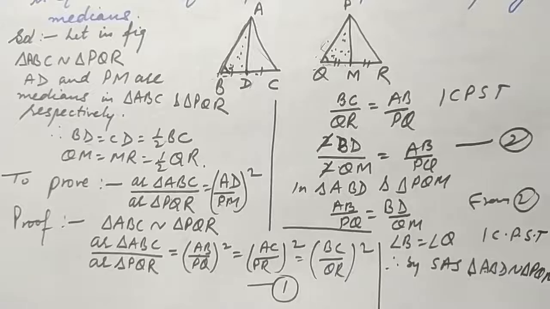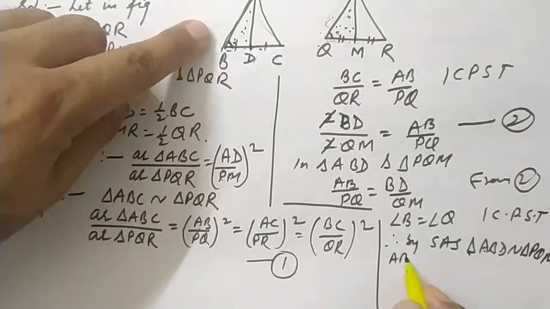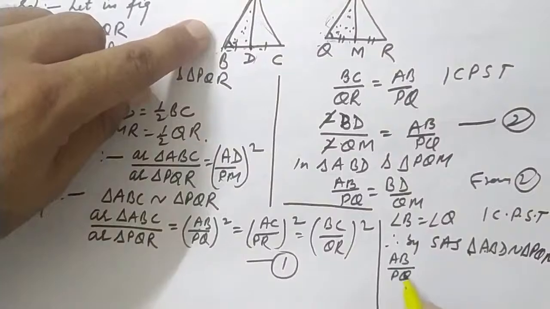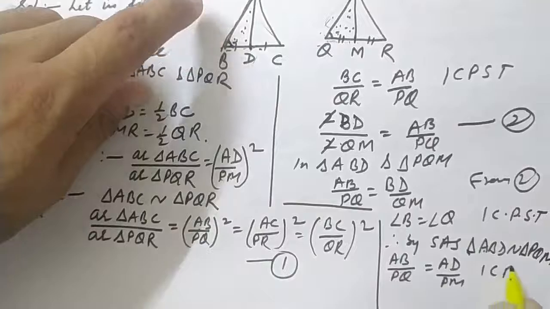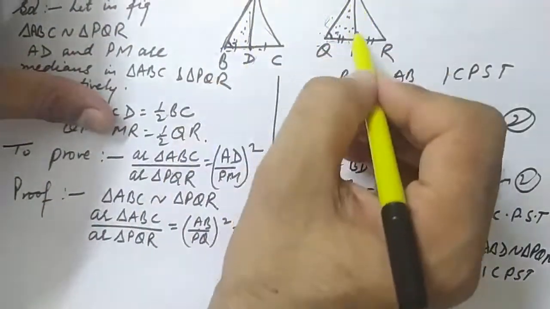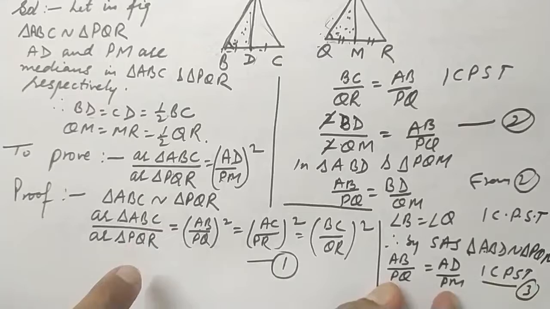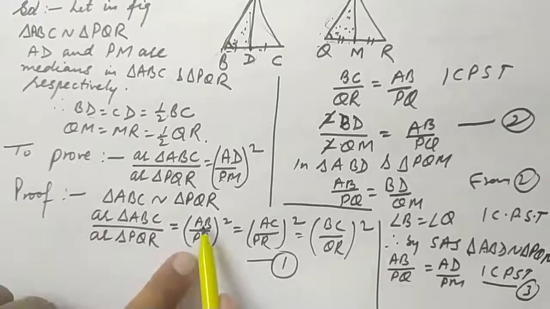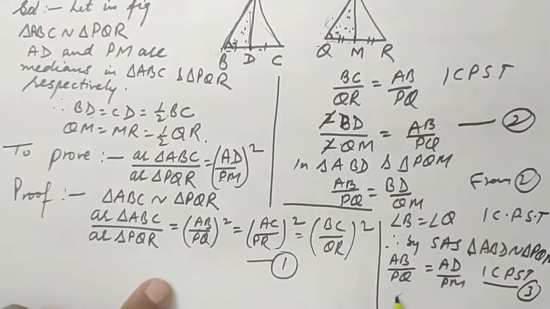If these two triangles are similar, then AB over PQ is equal to AD over PM by CPST. Suppose this is equation number 3. Now we'll put equation 3 in equation 1. In equation 1, in place of AB over PQ, we'll write AD over PM.